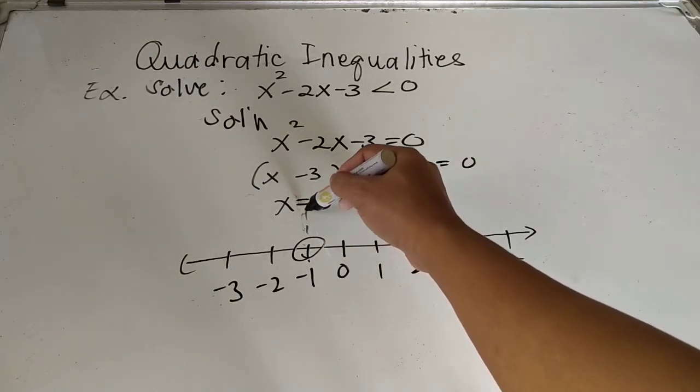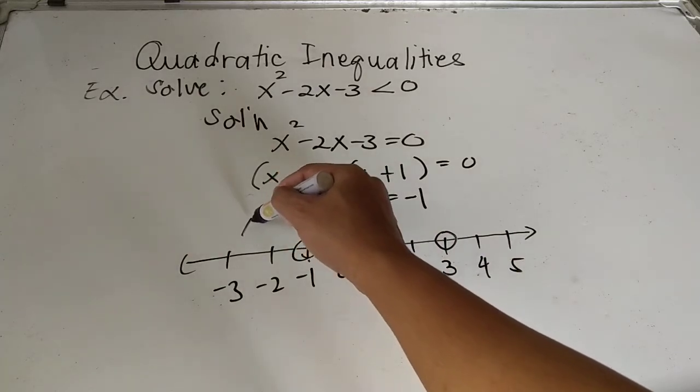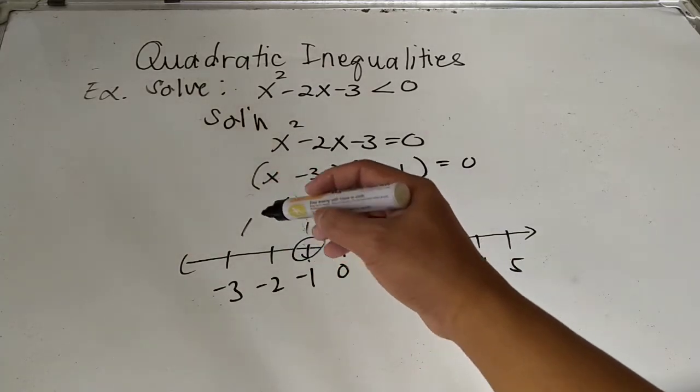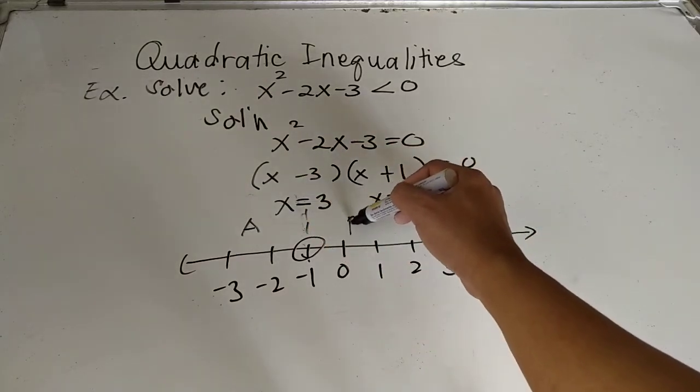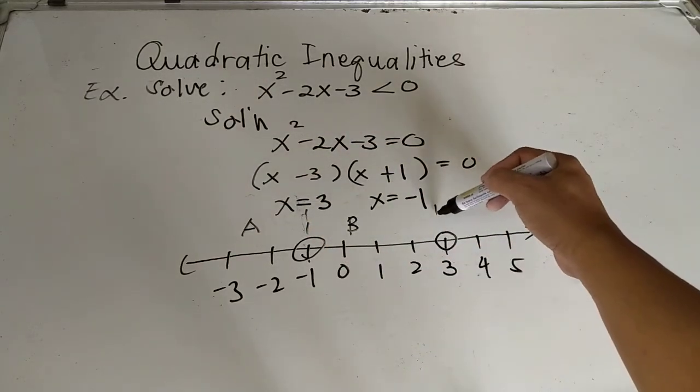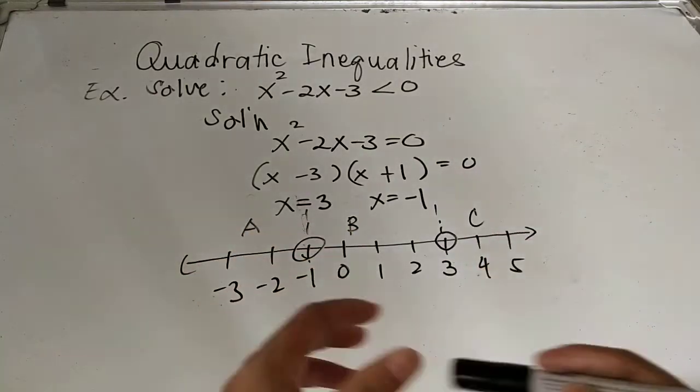Okay? So, having partition, hahatiin natin yung solution set natin. So, this will be your region A. This will be your region B, and this will be your region C. So, ano itong mga regions na ito?